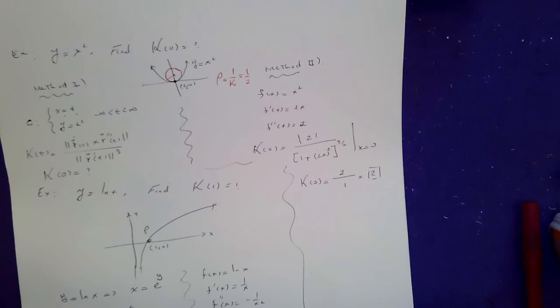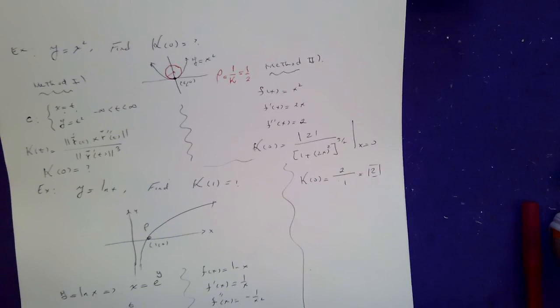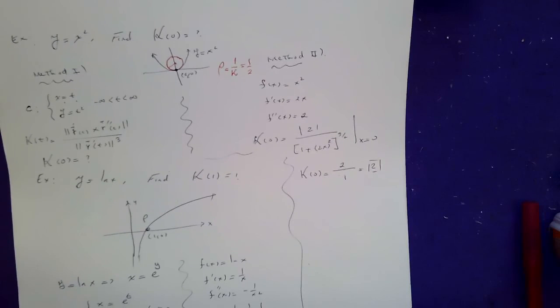And now the curvature at any point on the graph of natural log of x is the absolute value of negative 1 over x squared over (1 plus f prime of x squared, which is 1 over x squared) to the power of 3 halves. But remember, we're trying to evaluate this at this point, (1, 0). So evaluate this at x equals 1. And lo and behold, the curvature at 1 comes up to square root of 2 over 4.